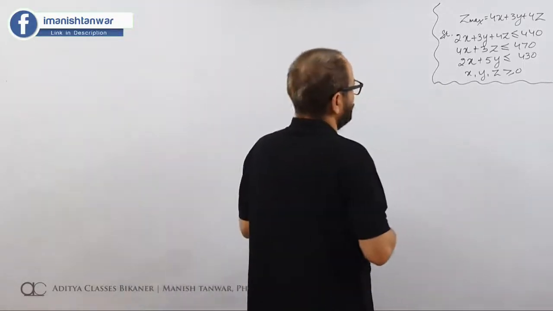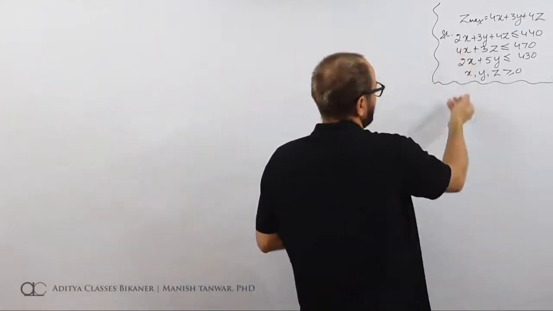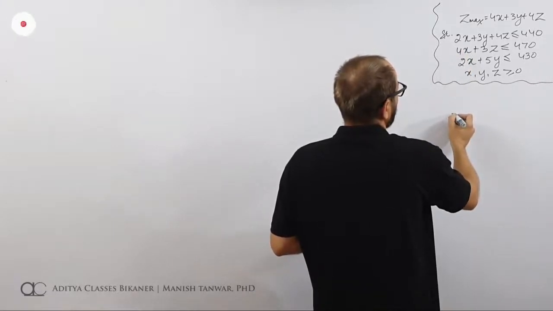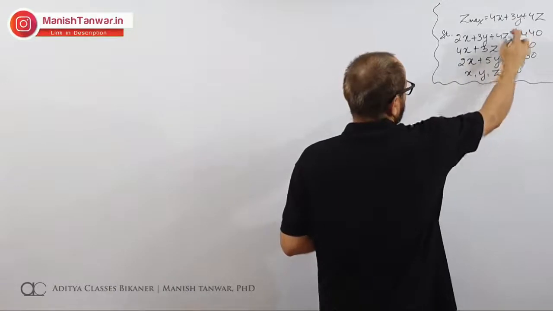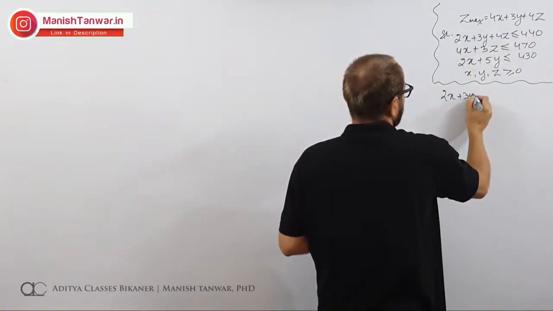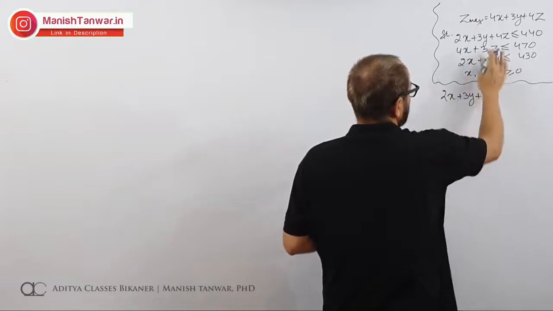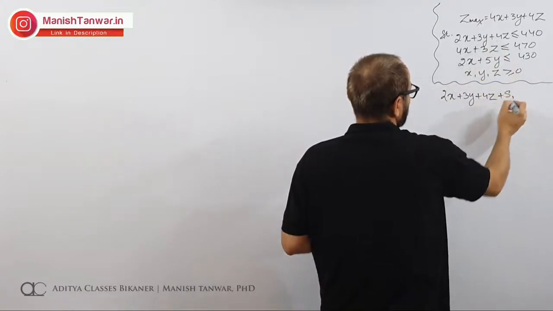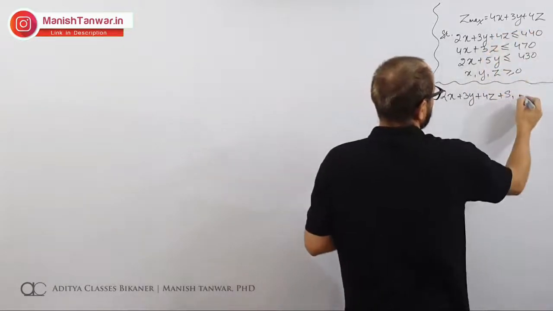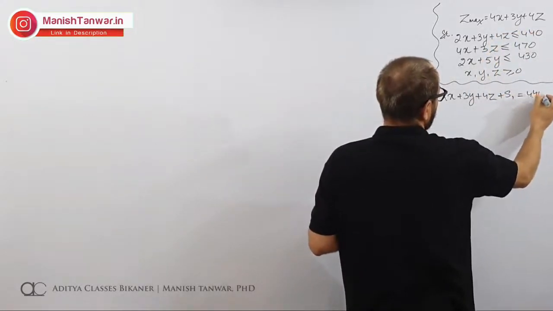So, our first step is converting the canonical form into standard form. How do we convert it into standard form? We convert it into standard form by removing these inequalities. How so? 2x plus 3y plus 4z is less than, so there will be an addition of slack. I will add something so that it becomes equal to the right hand side, making it 440.